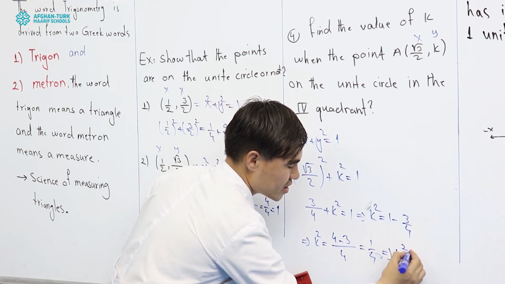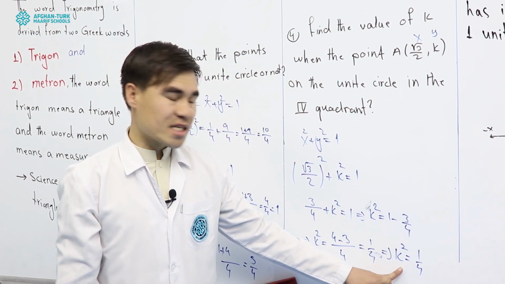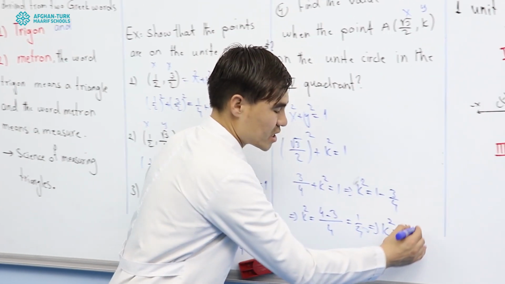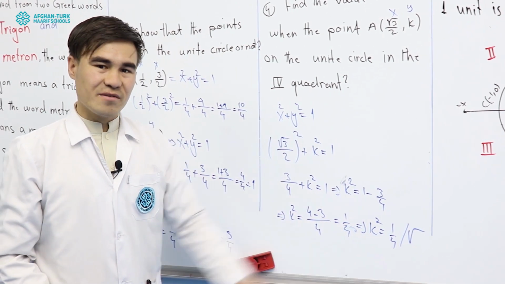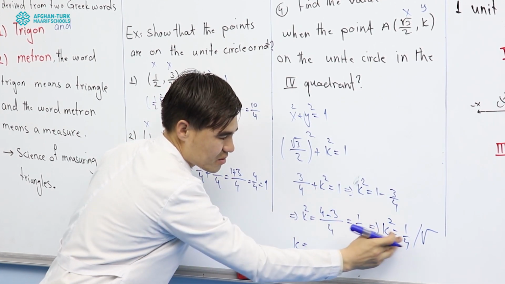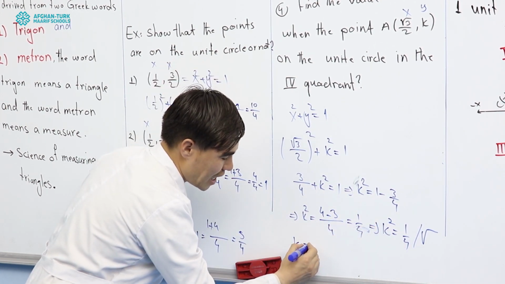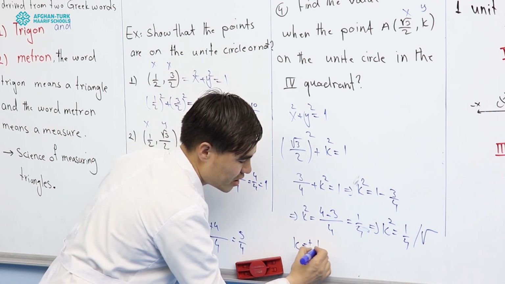Here, k squared is equal to 1 over 4. When I take the square root from both sides, the value of k will be found. k will have two values here, positive and negative 1 over 2.